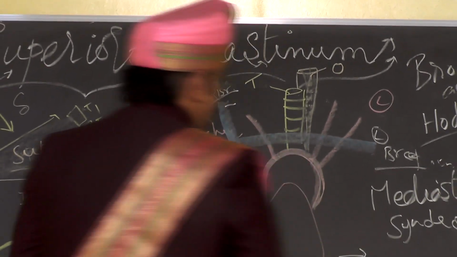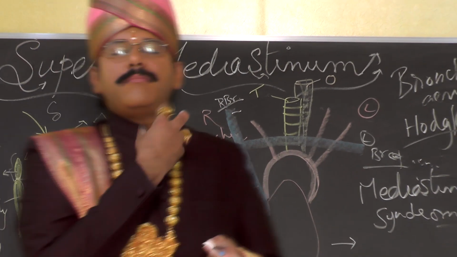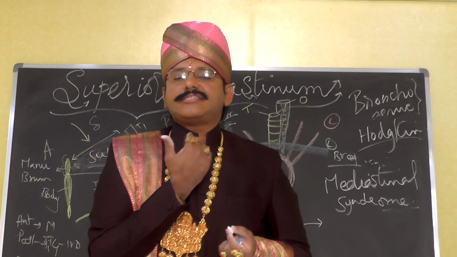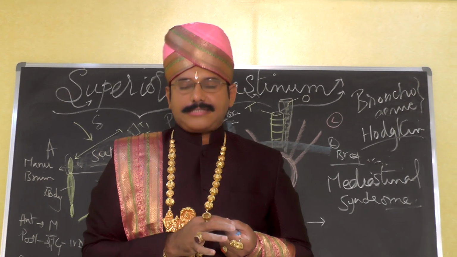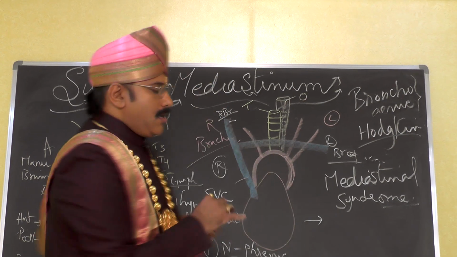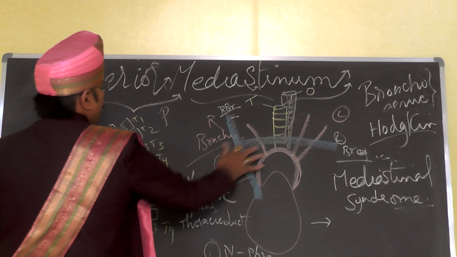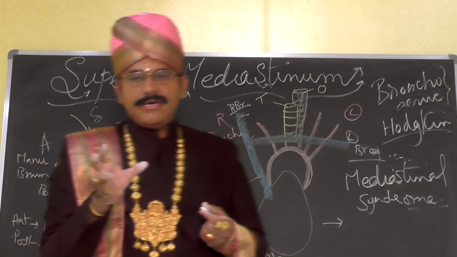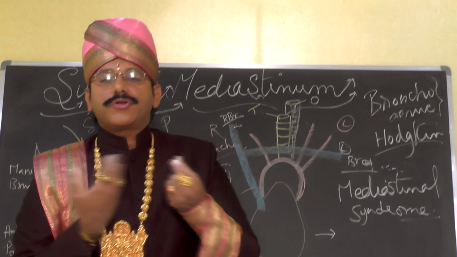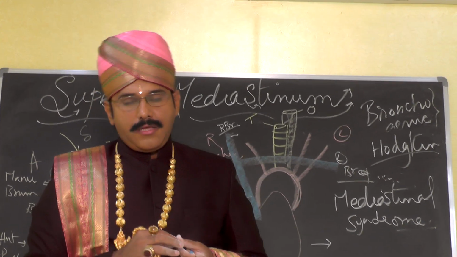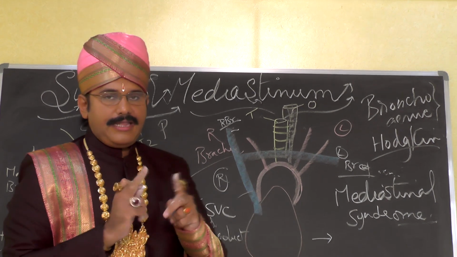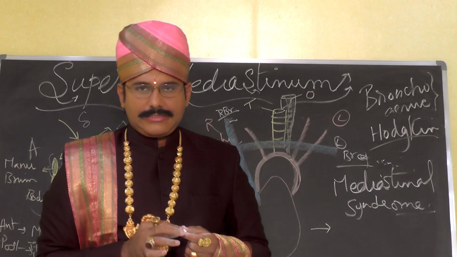Imagine the patient has a cancerous growth in the region of the mediastinum. We have learned that on the right side we have veins and on the left side the arteries. The tumors grow more towards the right side because the veins are present. Around the veins we have dead space.